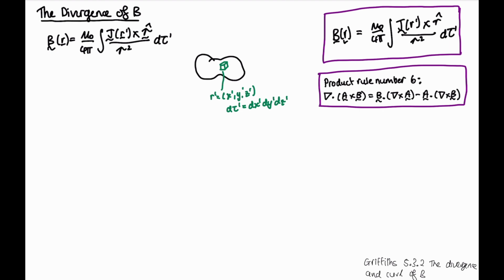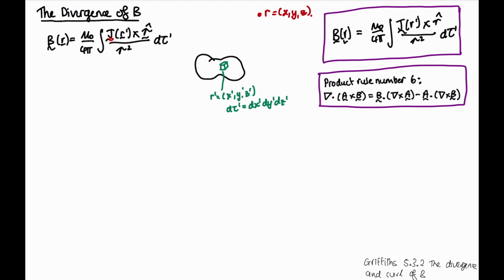And then what the Biot-Savart law says is that we're measuring the magnetic field at some location R. So that's some place up here. This is location R, which is equal to X, Y, and Z. And we are measuring the magnetic field at this point.